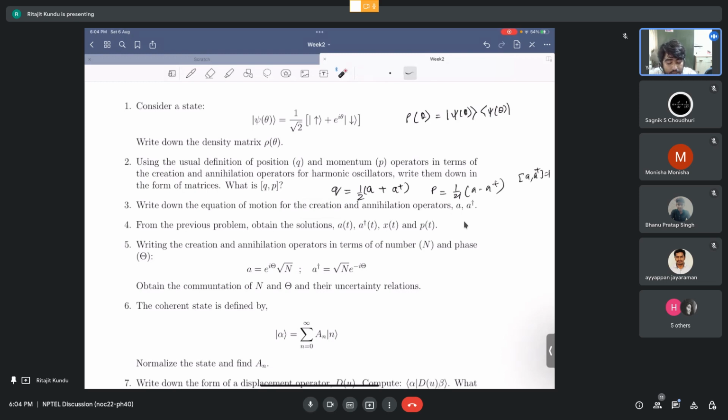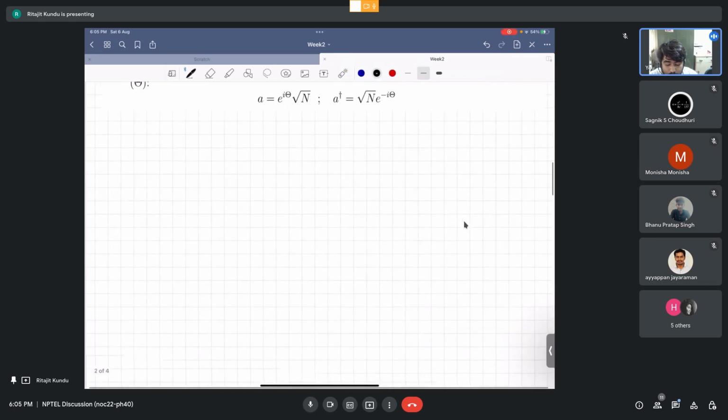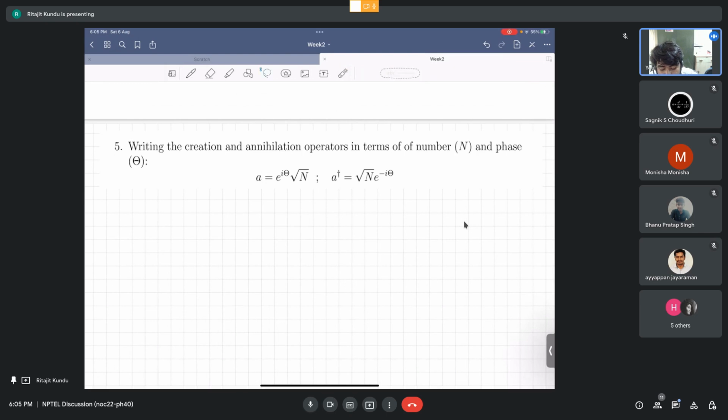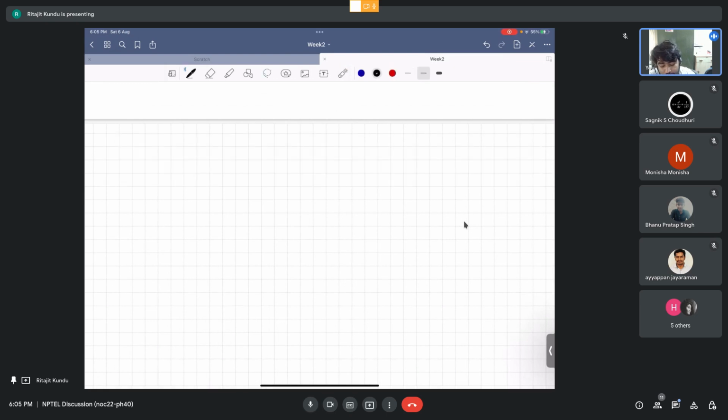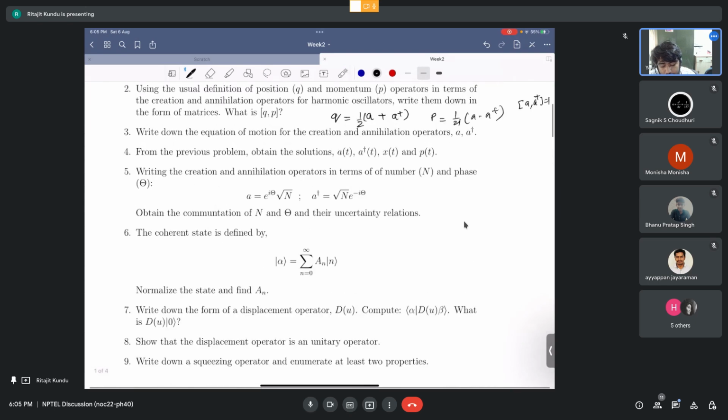So let's look at the next question, which asks you to calculate the equations of motion of these operators, right? So let's have a quick look at how one can do this. Let's just do this here. So this is my problem 3.